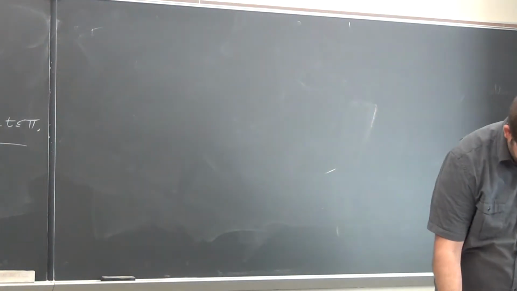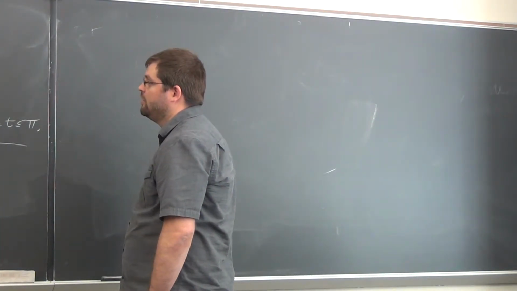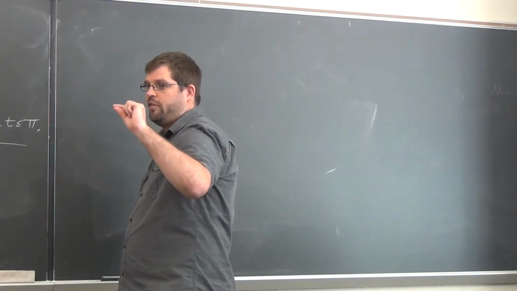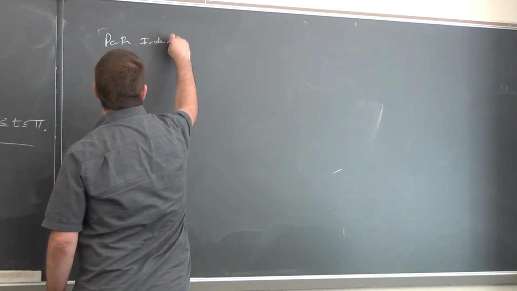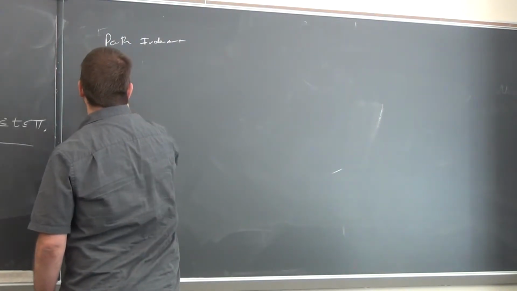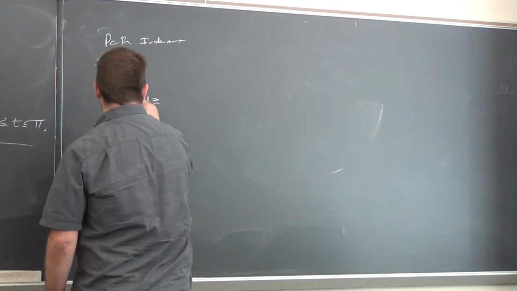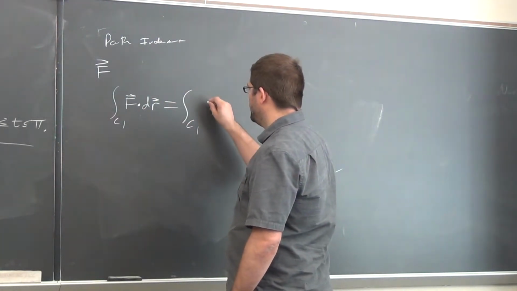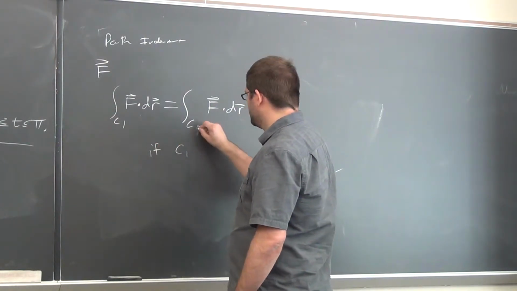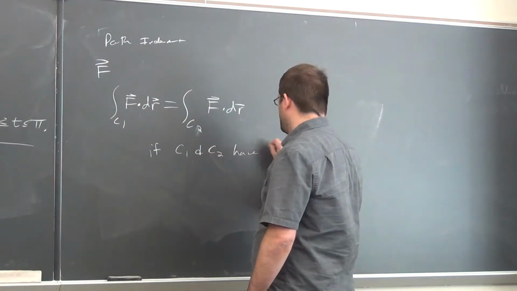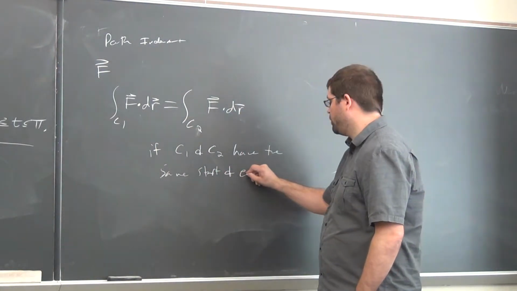So a closed curve is one that just ends where it starts. A vector field is path independent if, let me write it this way: F dot dr over C1 will be the same as F dot dr over C2 if C1 and C2 have the same start and end points.